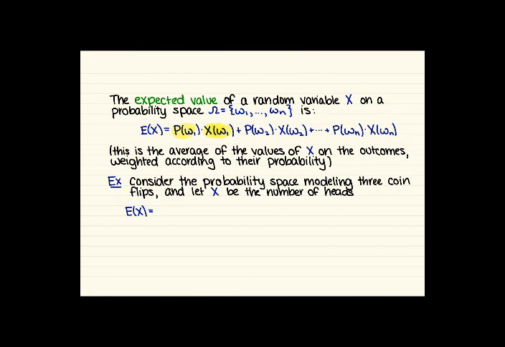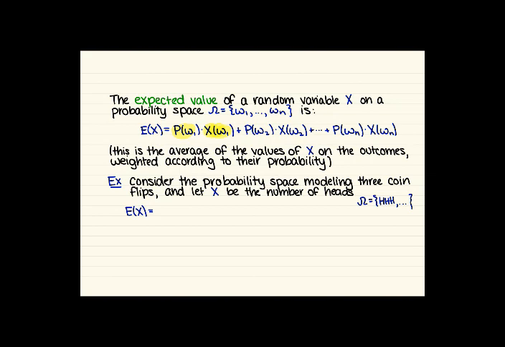So let's suppose you've got a probability space modeling 3 coin flips. So here our omega is HHH, where they're all heads, etc. And X is the number of heads. So for each possible outcome, we take the probability that it happens times the value of that random variable on that one.